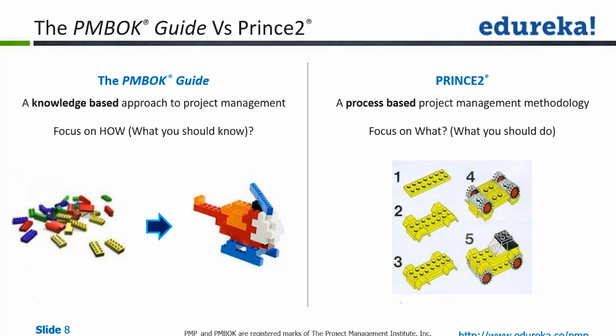PMBOK guide focuses on the knowledge that there are different options available to the project manager, and the project manager must use their discretion based on the organization guidelines, the requirement and the subjective nature of the work, and take a decision.